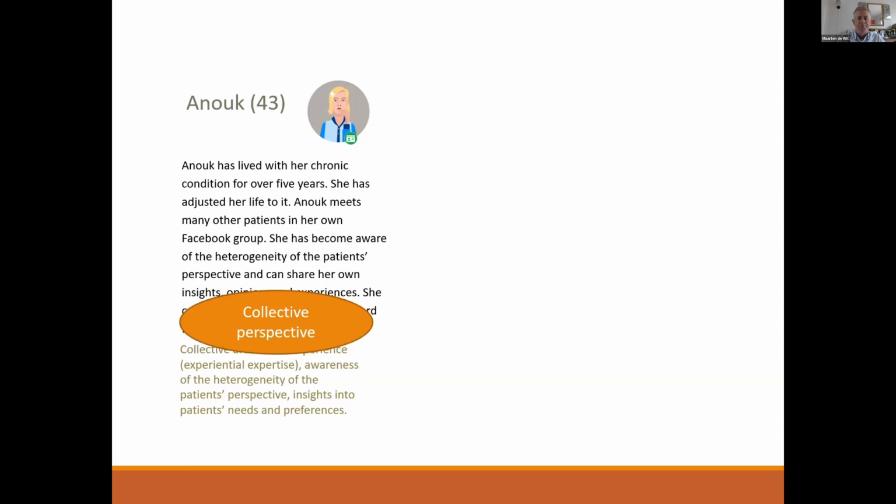But she can also articulate what she has heard from fellow patients. So she has a collective articulated experience, and here we could use the term experiential expertise, which is more than only having experiential knowledge. And she has insights into patients' needs and preferences.